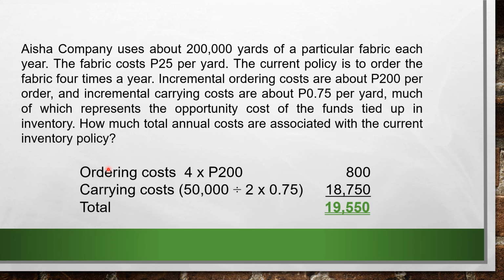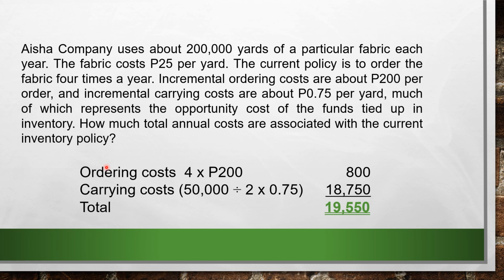So we get the ordering cost. We will order 4 times a year times 200 per order, so we will have an ordering cost of 800. Then we get the carrying cost. The 200,000 demand divided by 4 times a year means 50,000 is the average or normal standard size of our inventory.